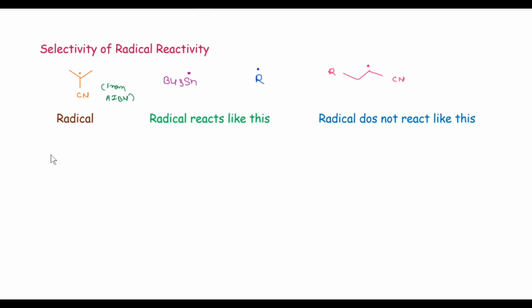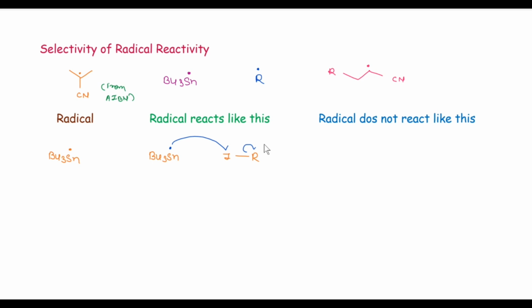So the first radical is TBTH radical. The TBTH radical reacts like that. This TBTH radical reacts with this alkyl halide and formation of R radical takes place.